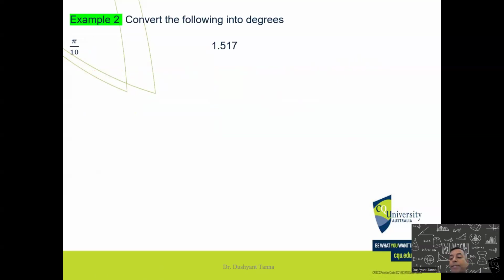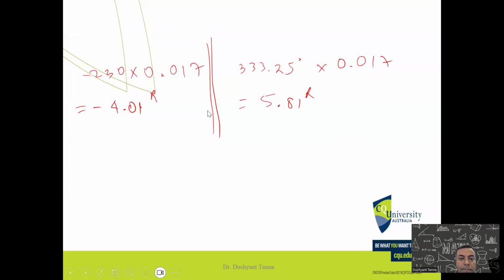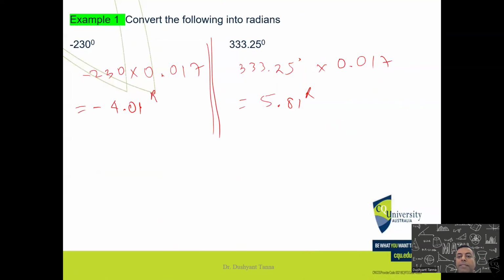Convert the following into degrees. What is it? 57.296.